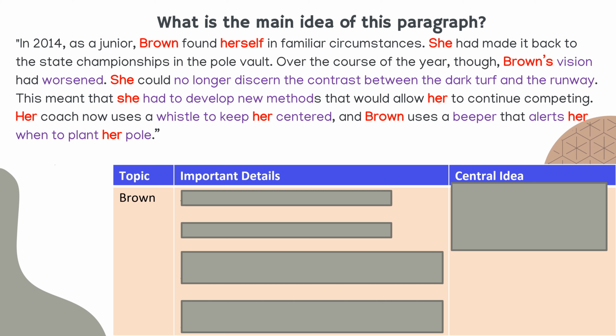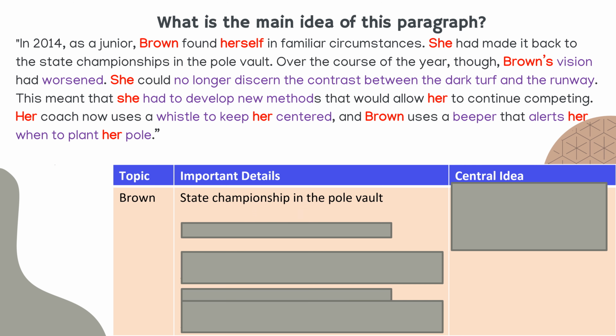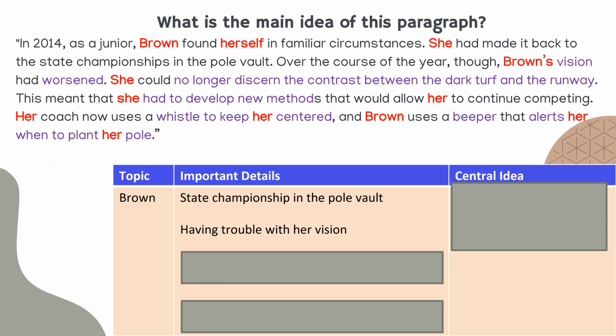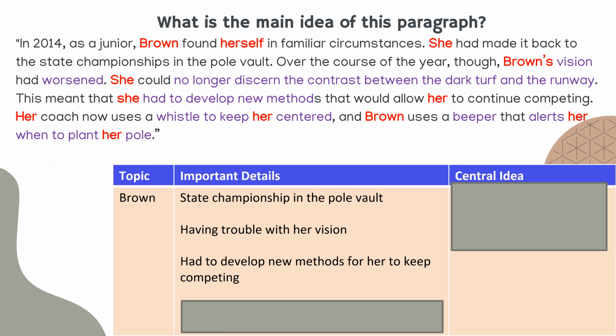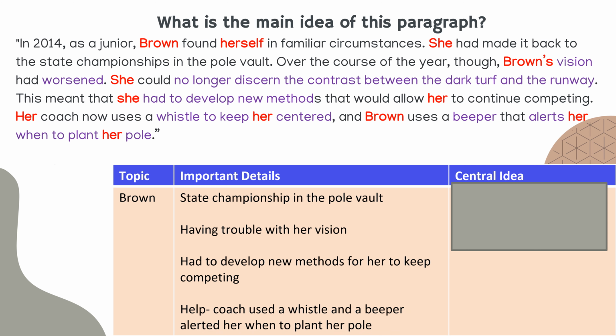So in order to get more specific, we have to go back and analyze the details. So the important details are in purple on the screen. We learned that Brown made it to the state championship for the pole vault. We learned that she's having trouble with her vision, and so she had to develop new methods for her to keep competing in the pole vault competition.